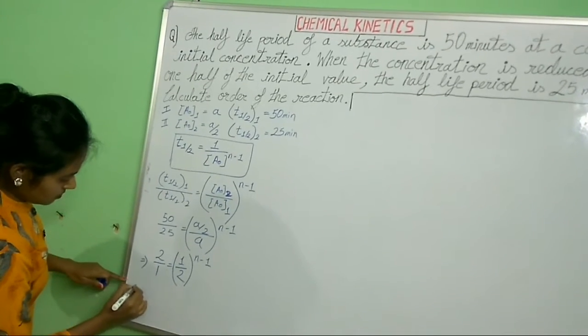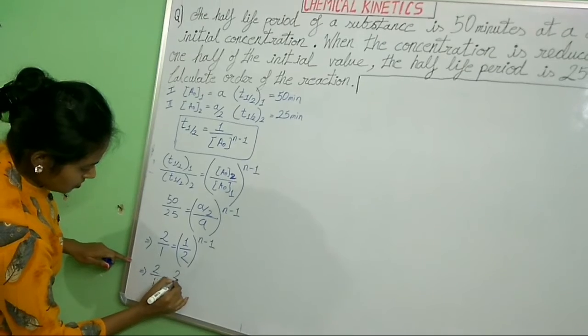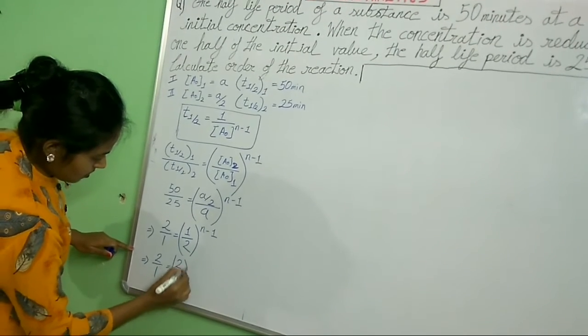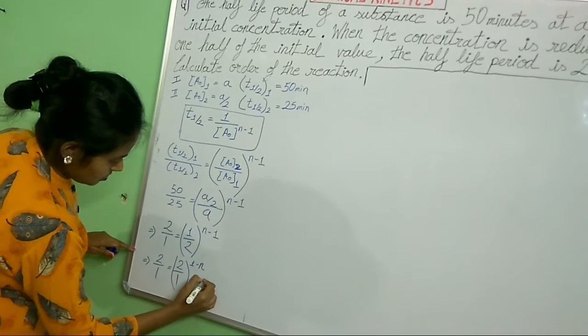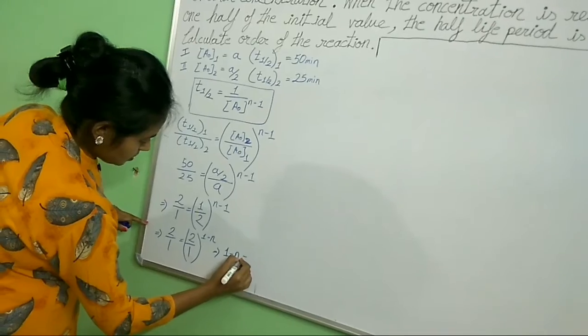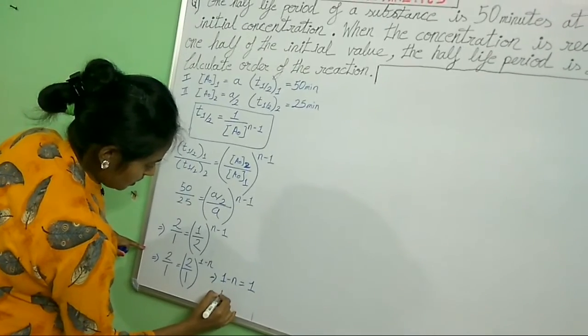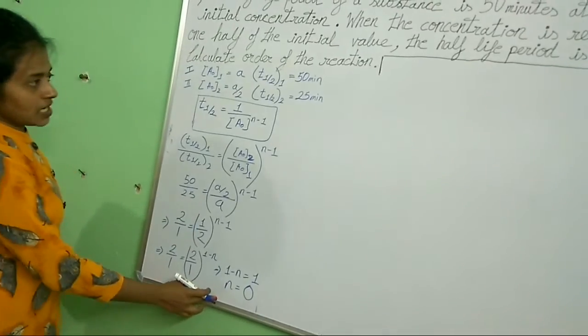Now we will do the 2 by 1. This can also be written as 2 by 1, inverse it, 1 minus n. So 1 minus n equal to 1. So n will be 0. So 0 is the order of the reaction.